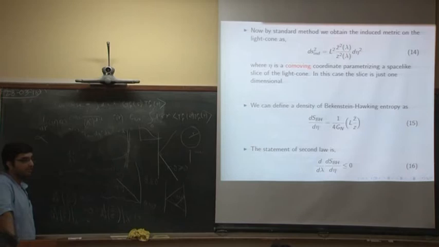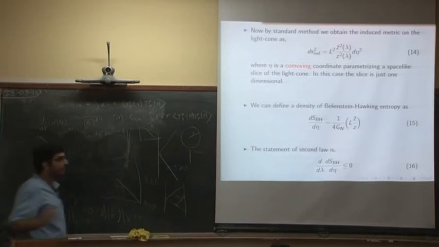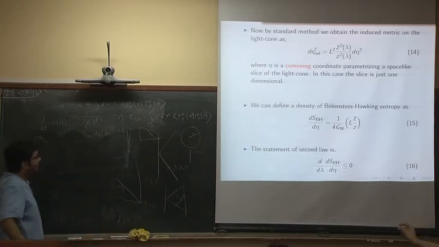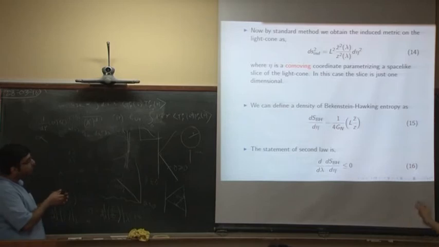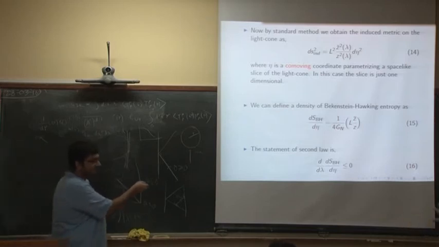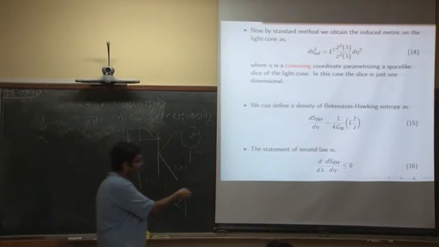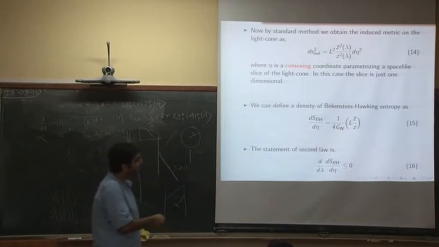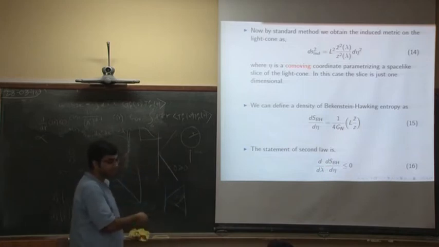In higher dimensions, it will be the area or volume. And what's the claim? It's not a claim, what's the statement? The statement is this: that this infinitesimal length keeps decreasing.